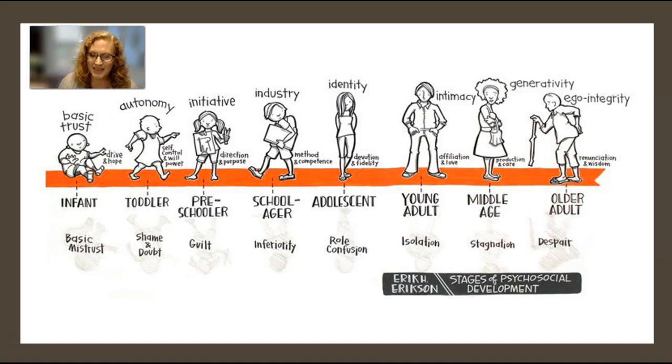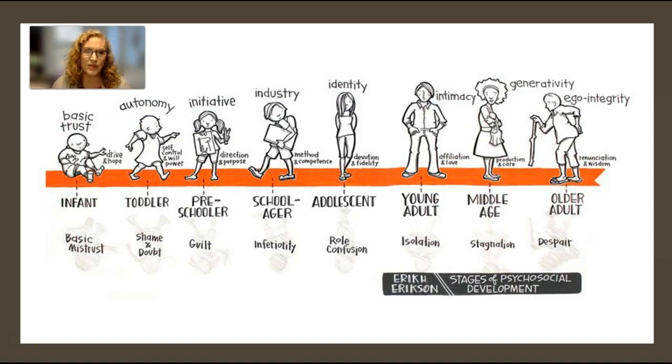So this is identity versus role confusion, where we try on different identities to see what is going to work for us. And if we can resolve this well, we get a sense of self. And if we don't, we kind of stay in role confusion and don't really know who we are. Once we figure out who we are, we can move into the young adult phase, which is intimacy versus isolation.